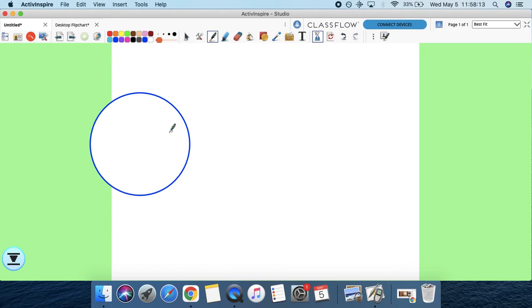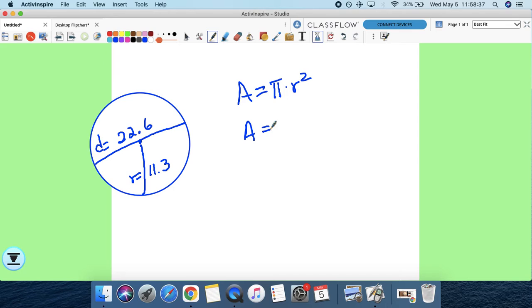Number 12. Actually, I'll do number 13. Number 13, the diameter is 22.6. So the radius is 11.3, right? So A equals pi r squared. A equals pi times 11.3, to the second power.